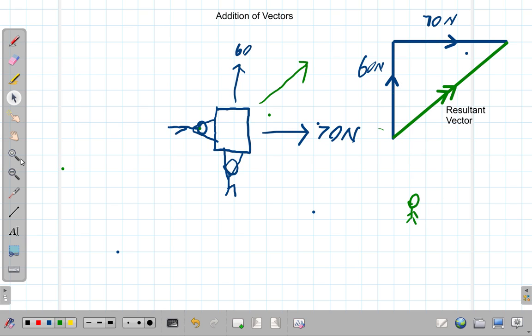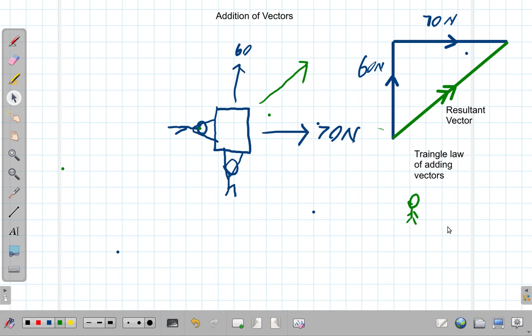Alright? So let me make a note of that. We're using the triangle law of adding vectors. So the two vectors you're adding, you make them touch. The end of one touches the beginning of the other.